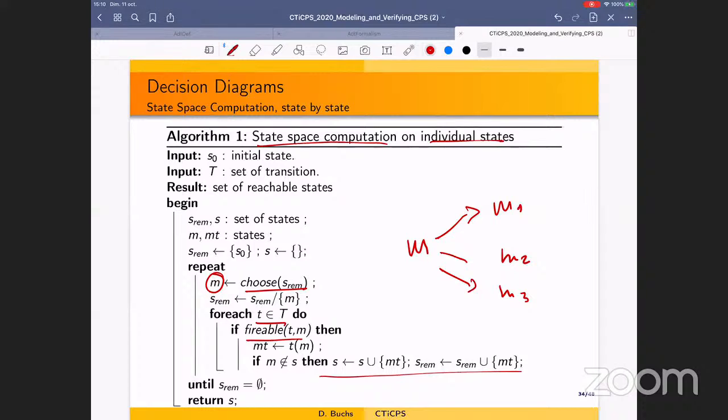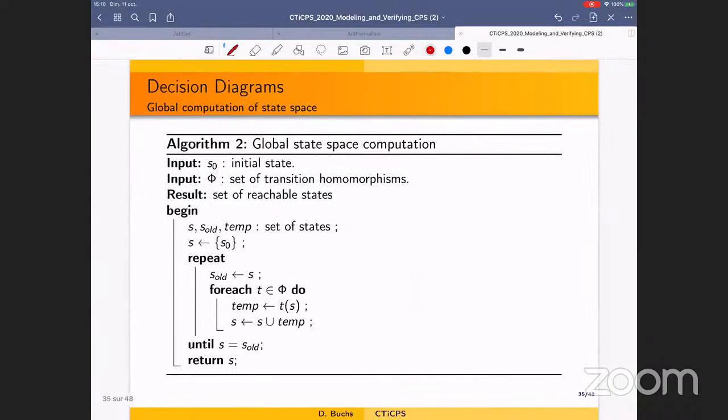Okay, this is good if we cannot do better, but if we can apply for all existing states the computation of the successor transition, it would be really much more efficient. This is the idea of the global state computation. So instead of taking one marking, we are taking several markings.